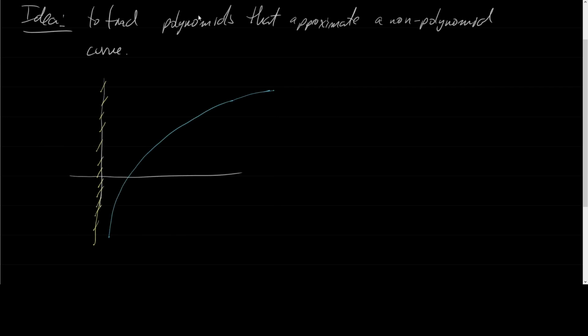If you recall from Calc 1, there was something called linearization, or essentially the equation of the tangent line. We fixed a point and we had a line, and that's fine as long as we're very close to the point of tangency. But that's just a tangent line, so we're approximating the curve with a line.